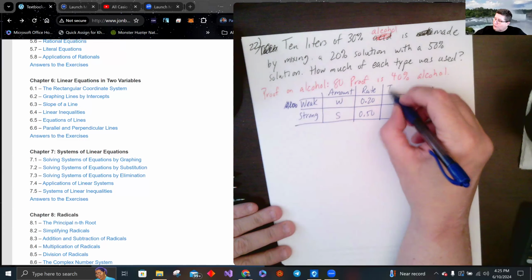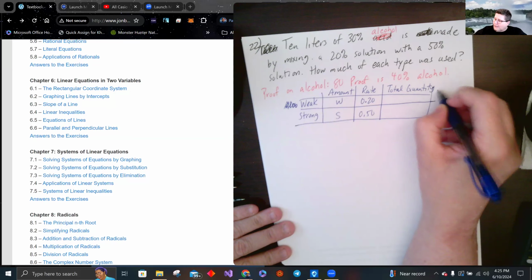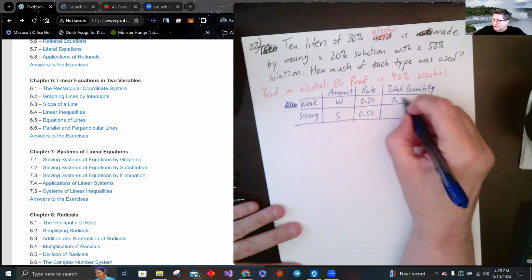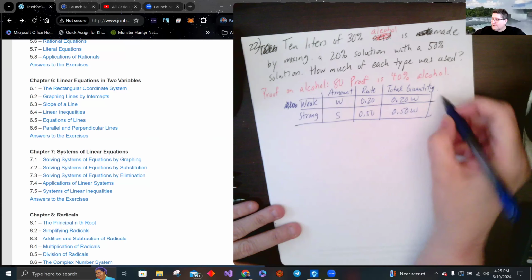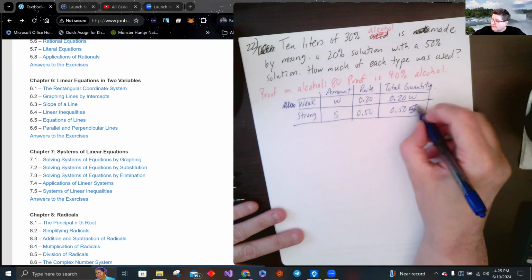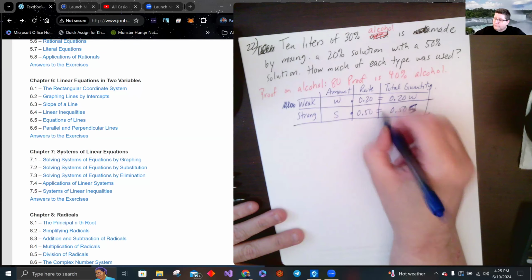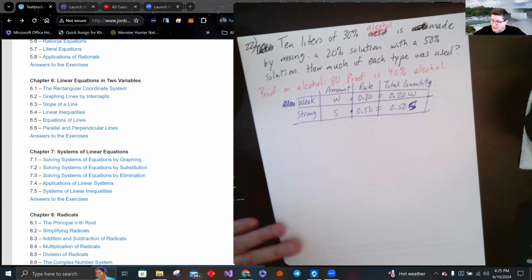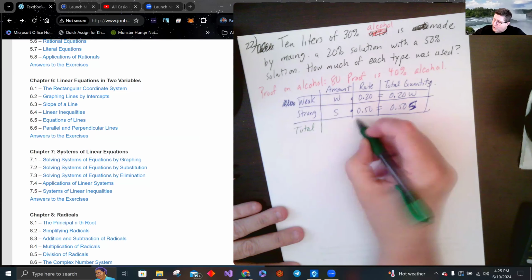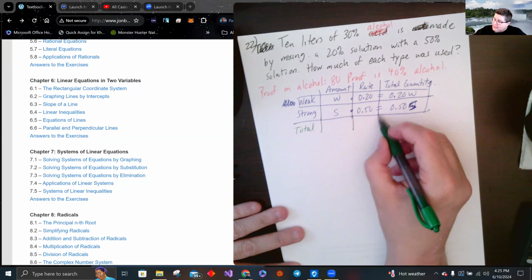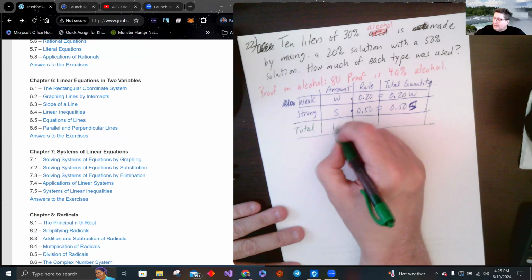So then we've got the total quantity present, the actual alcohol content present. There's only 0.20 times W, and there's only 0.50 times S, because these are multiplication. Just like the last one, we had a total. We don't know how many liters it was for each one individually, but we do know that they added up to 10.